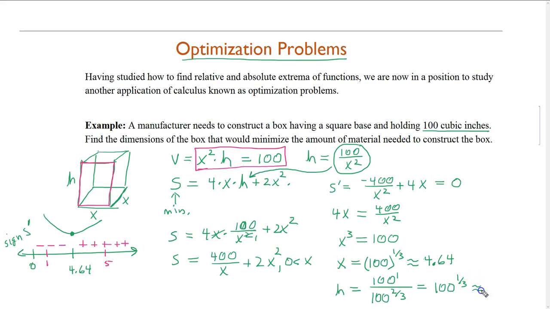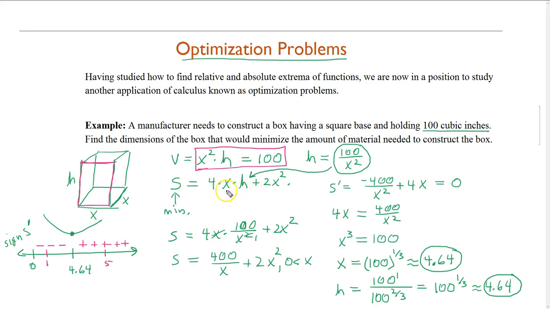So this is also 4.64. So there we found the dimension of our base and our height, and they actually turn out to be the same. And that makes sense if you think about it for a second. The dimensions of a box that minimizes the amount of material needed to construct it is a cube, one in which the length, width, and height are all the same.